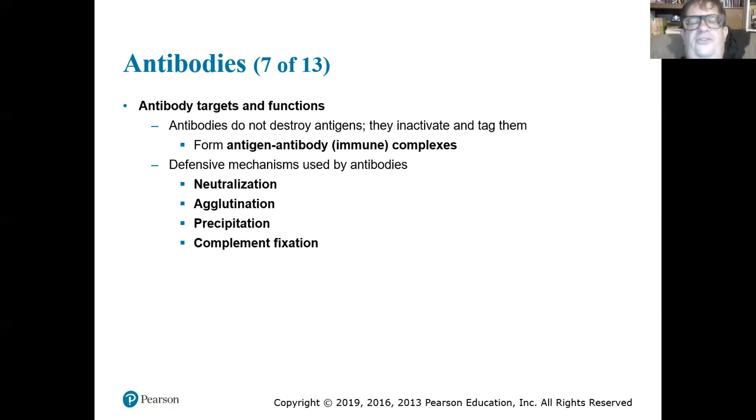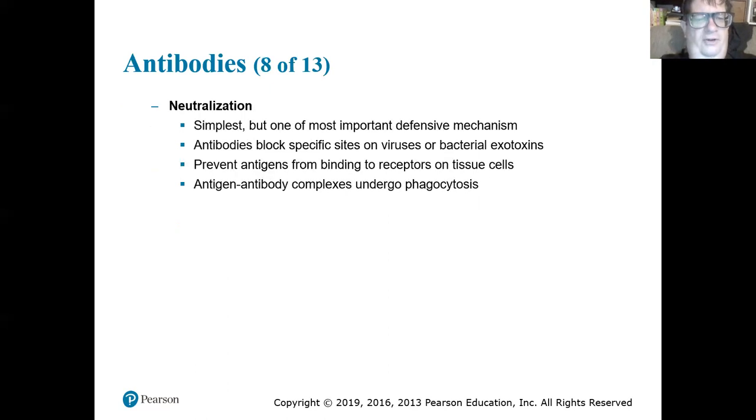Agglutination, which is essentially sticking, clumping them up, clump the antigens together. Precipitation, making the antigens fall out of solution. And complement fixation, sticking complement proteins onto the antigen or the thing the antigen is part of.